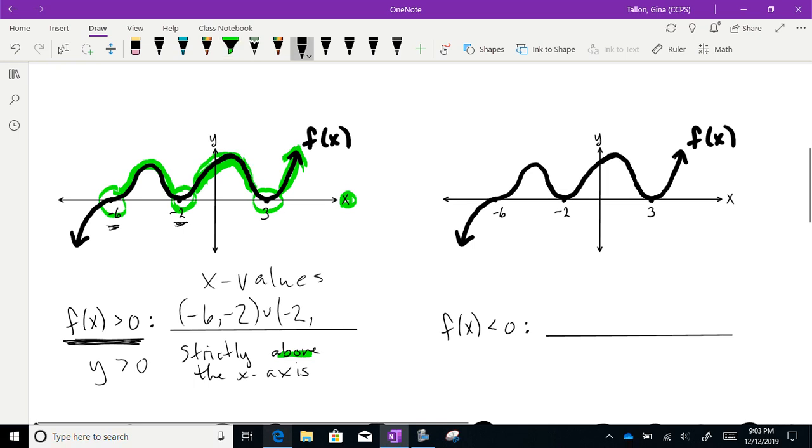Once I hit +3, I'm going to close my parentheses and say I can get as close to 3, but I can't touch it. So I'm going to hop over it. This is going to be a union here. And we're going to go from 3 to +infinity. Okay, and we'll extend that line a little bit like that too. So this is the interval I'm looking for up above.